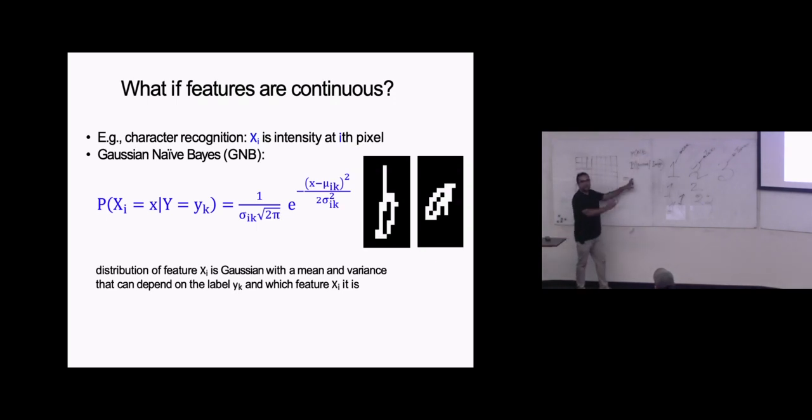P of image given y equals 1, divided by P of image. And here there is one more term. What is that? Probability of y equals 1. Right.